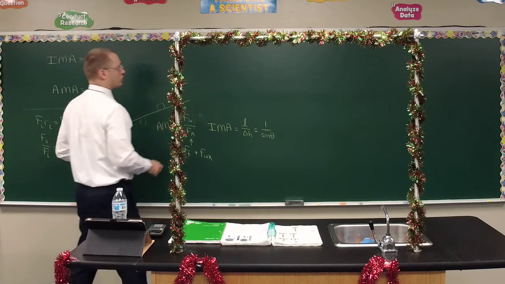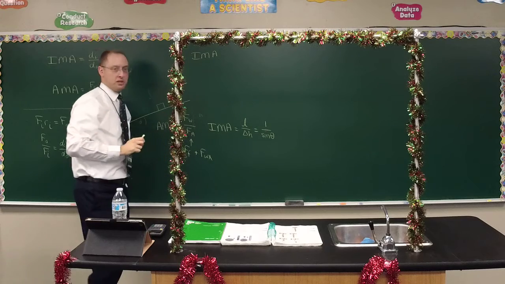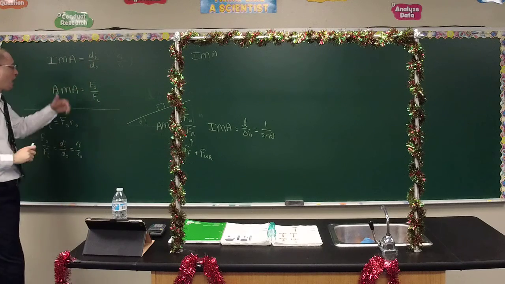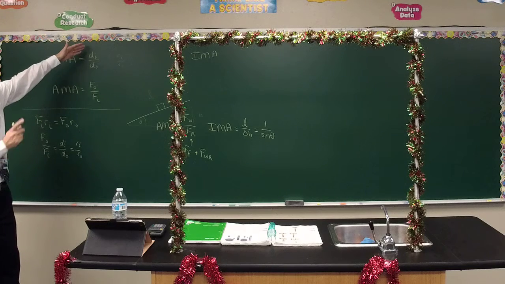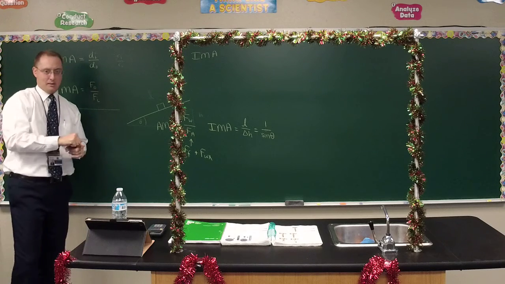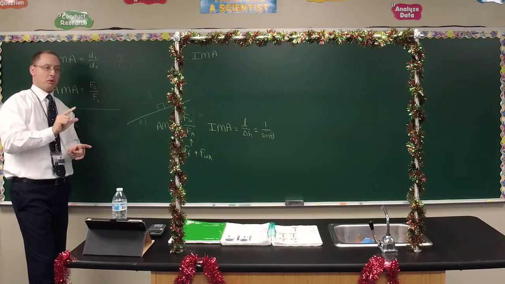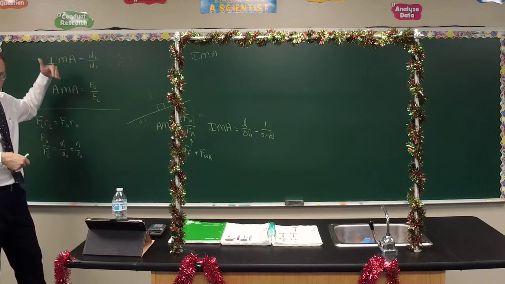But we said for a screw, the IMA can be defined a little bit differently. It is still output force over input force, but the IMA is also defined as input distance over output distance. I said that the key to the jack is as you turn the handle one time, it goes up one pitch. Or if you're lowering it, as it goes backward one turn, it goes downward one pitch.